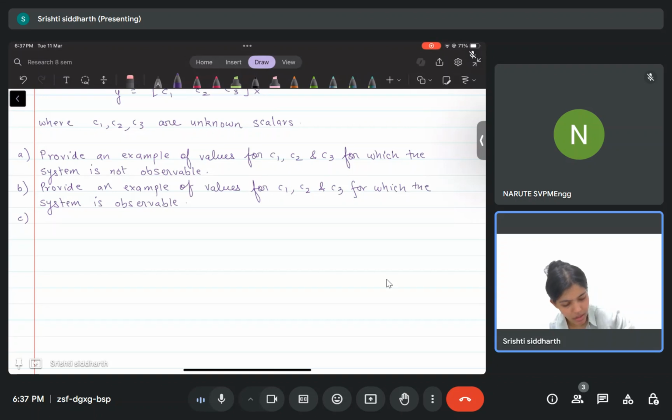Finally, provide a necessary and sufficient condition on C1, C2, and C3 so that the system is observable.